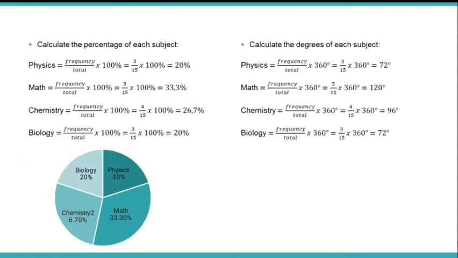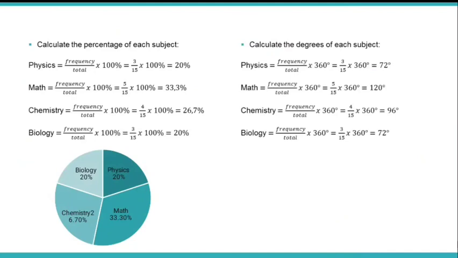For physics equals frequency divided by total times 360 degrees equals 3 divided by 15 times 360 degrees, which is equal to 72 degrees.